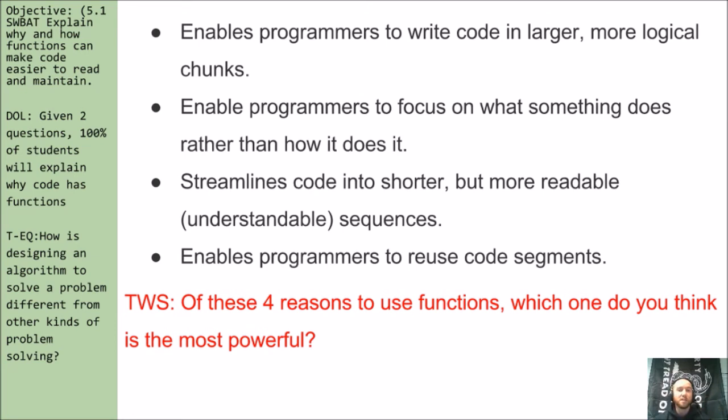This really helps in your programming flow, in your creation of a program, okay? The third one is it streamlines code into shorter but more readable sequences. So I think that one is very similar to the second point. It just makes code easier to understand. And the last one is that it enables programmers to reuse code segments.